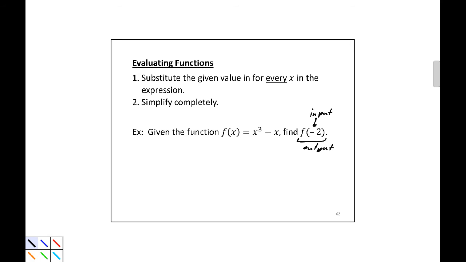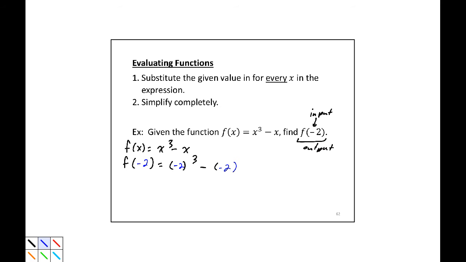So let's take our function f of x equals x cubed minus x, and I'm going to input negative 2 as my x value, in every occurrence of x that I have.